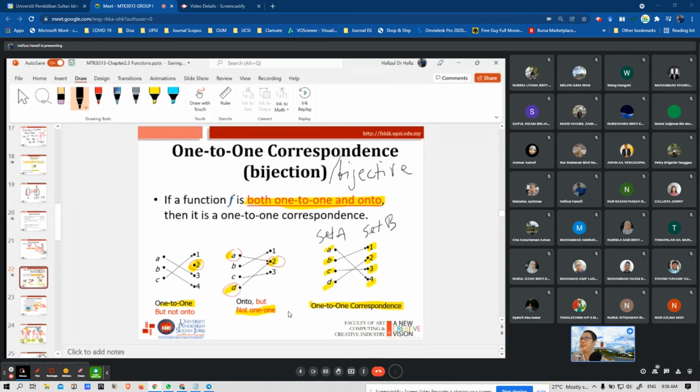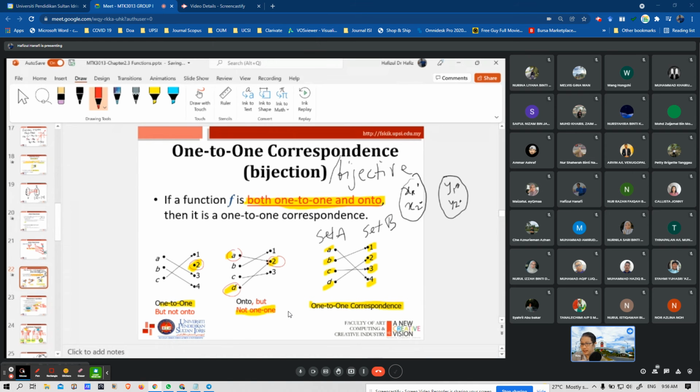Then we have a one-to-one correspondence, or we can call it bijective. Bijective if the function f is both one-to-one and onto. For example, we have x1, x2, y1, y2.